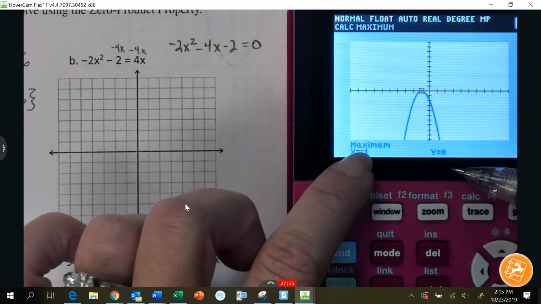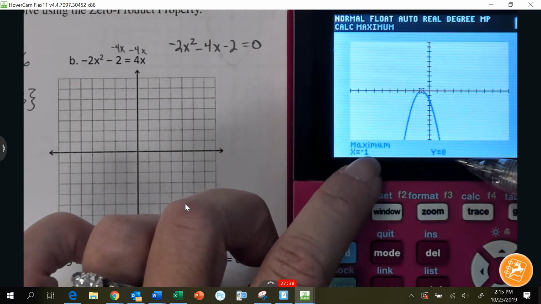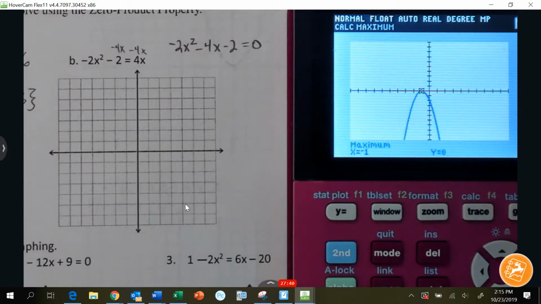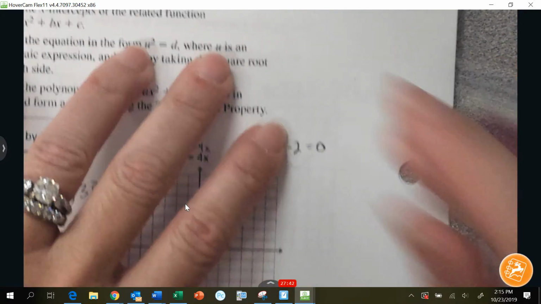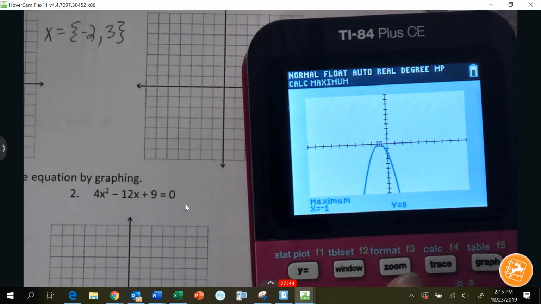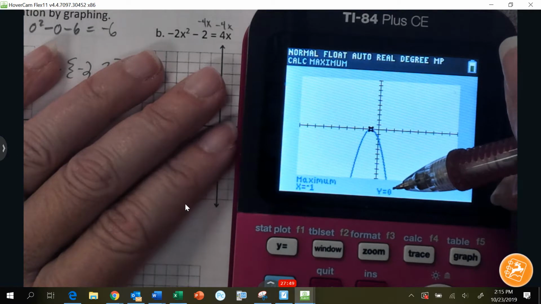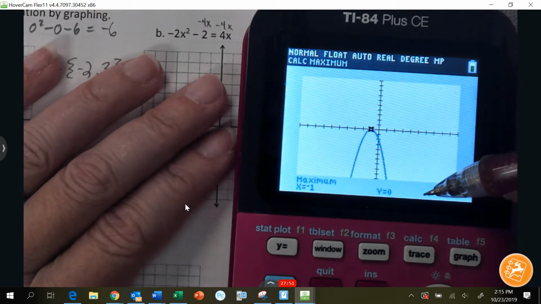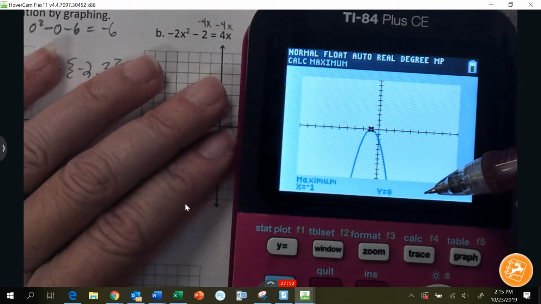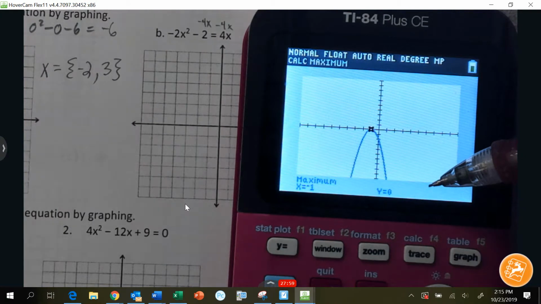No, he got something different. Sometimes, I don't know why it does this, but I know it does this. Sometimes it'll give you like 0.000 E something or another. Is it there right now? Yes.